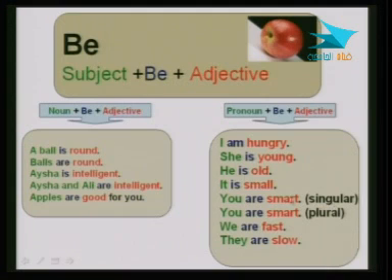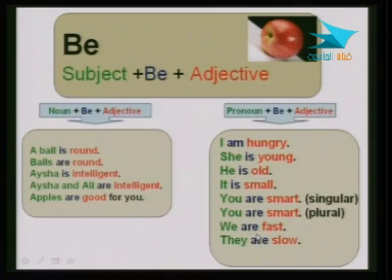That's for singular, for one person. For two or more, you are smart. We are fast. They are slow. So all of these in green are pronouns.